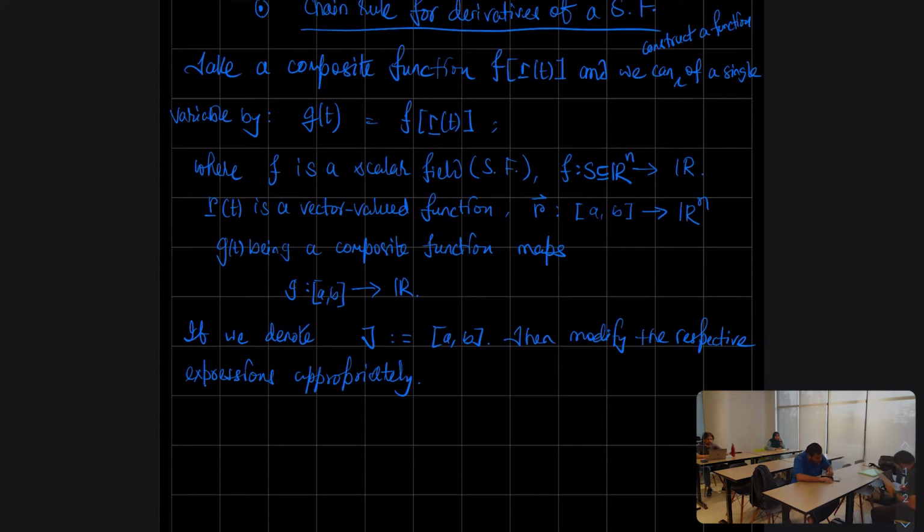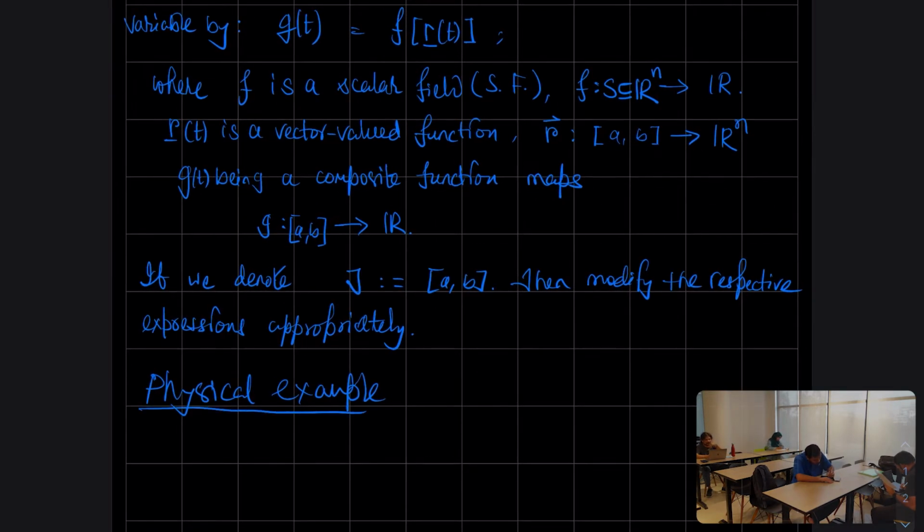So a physical example: take some solid, and suppose it has varying temperature around it. Take a curve on it.